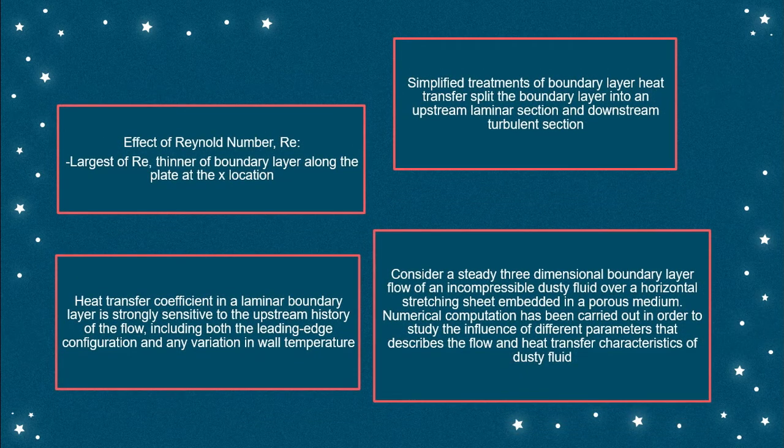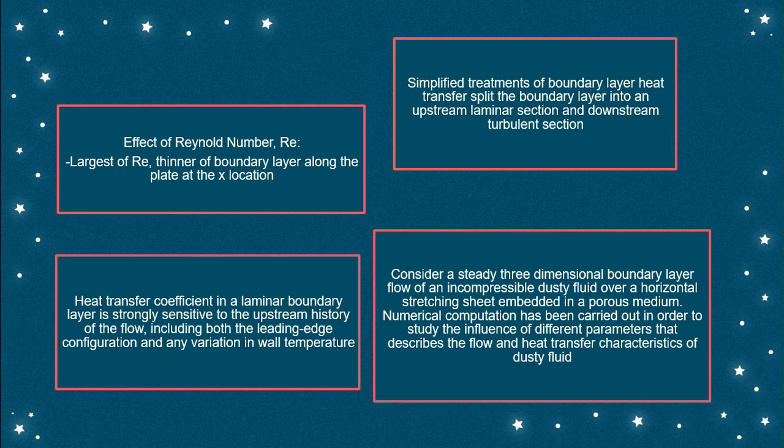The effect of Reynolds number Re, such as the larger the Re, the thinner the boundary layer along the plate at the X location. Simplified treatment of boundary layer heat transfer splits the boundary layer into an upstream laminar section and downstream turbulent section.